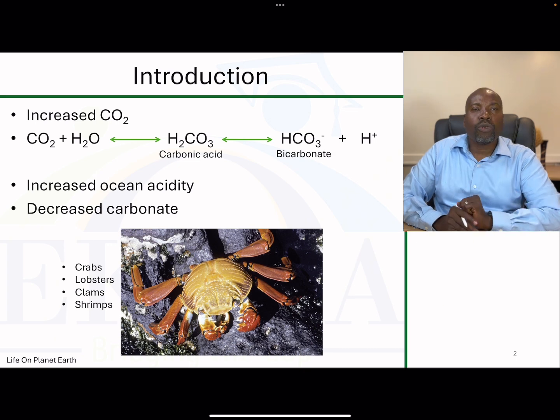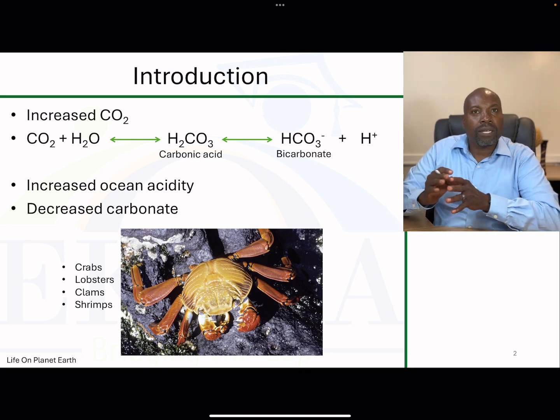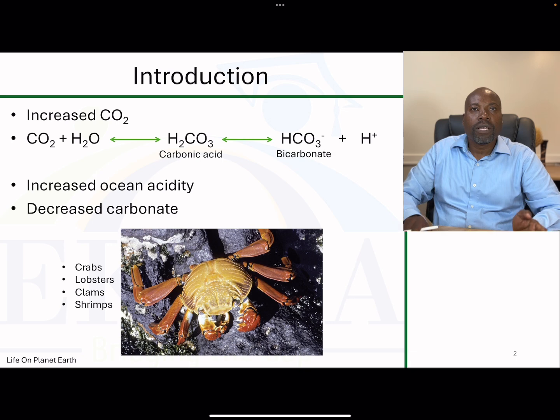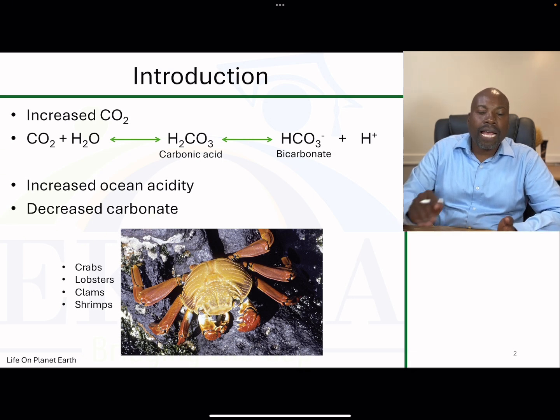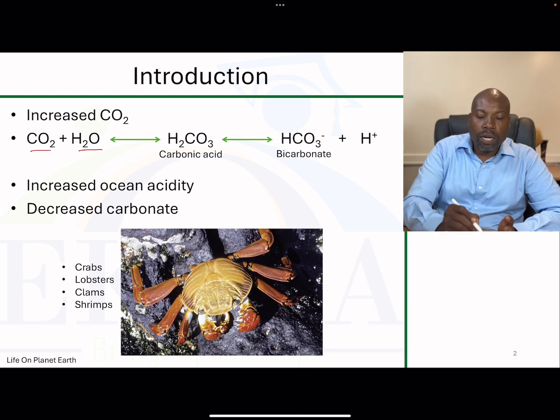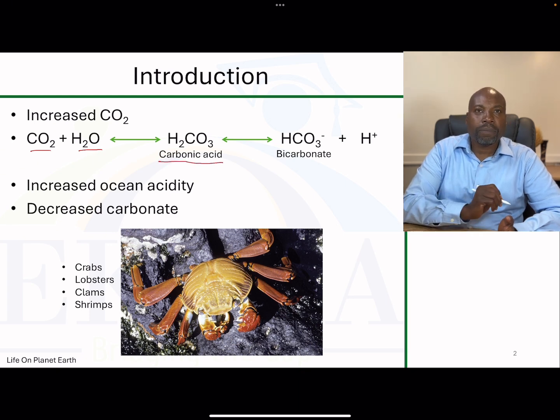But in addition to that, there is another phenomenon that happens. And in this case, we are going to take a look at how carbon dioxide interacts with water and what could be the consequences. So, carbon dioxide can combine with water. When combining with water, we have the production of a molecule that we call carbonic acid.